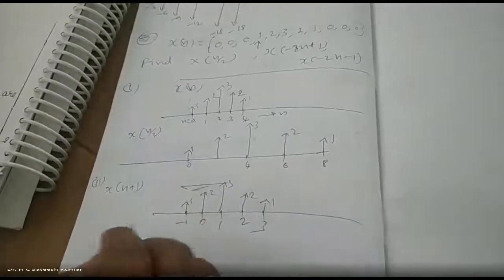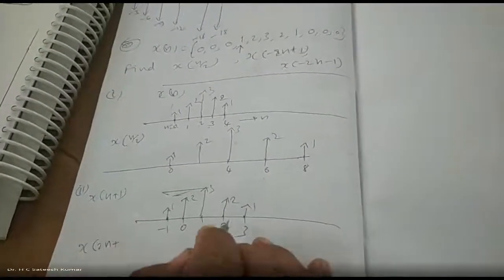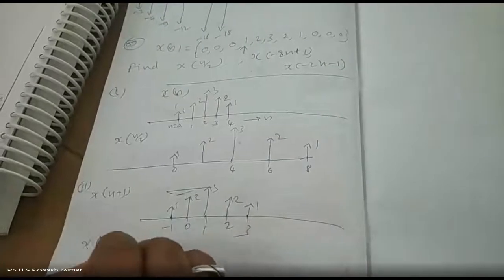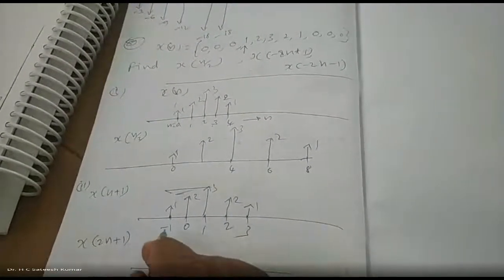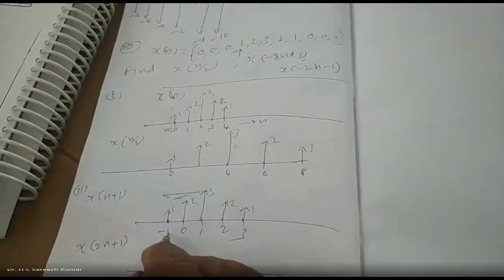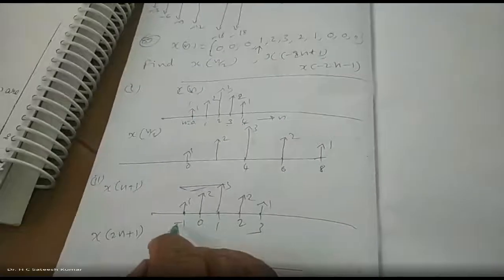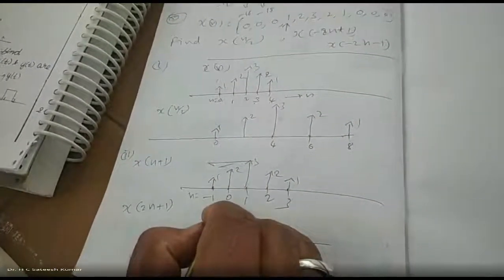X of 2n plus 1. Shifting is after scaling. 2n is equal to minus 1, n is equal to minus half. Therefore, this will disappear because you should get n as integer only. 2n is equal to 0, n is equal to 0.